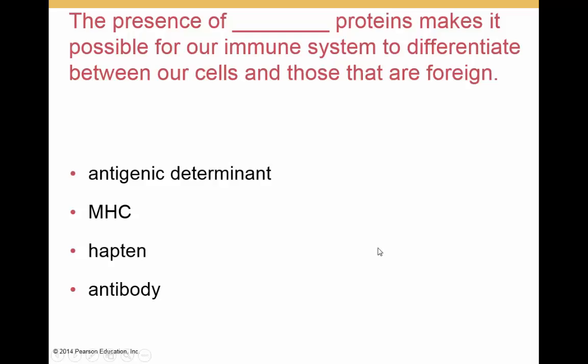Pretty cool. The presence of blank proteins makes it possible for our immune system to differentiate between our cells and those that are foreign. Okay, so is it antigenic determinants, MHCs, those haptens again, or perhaps antibody?